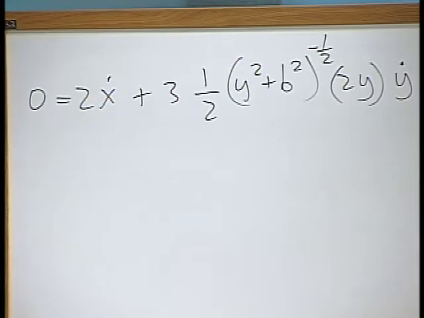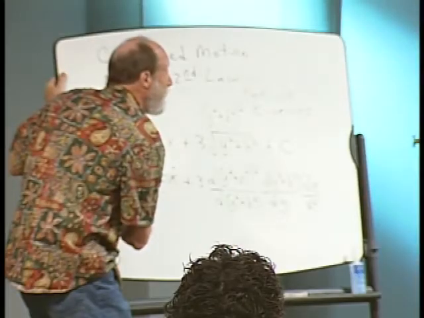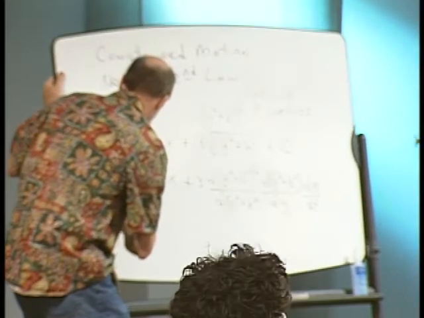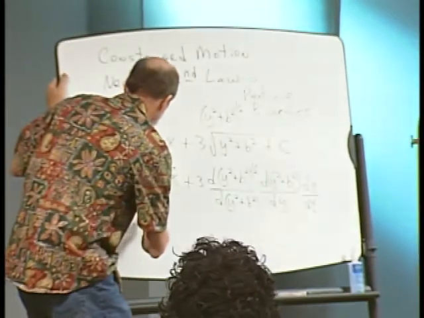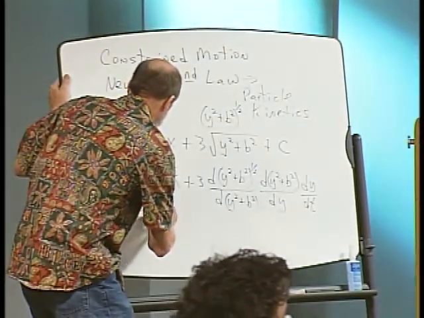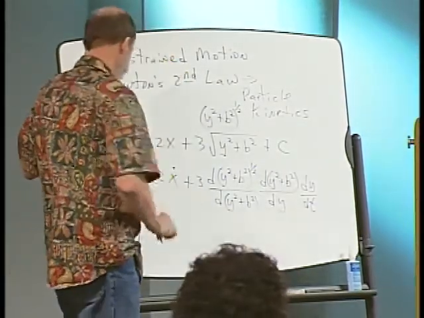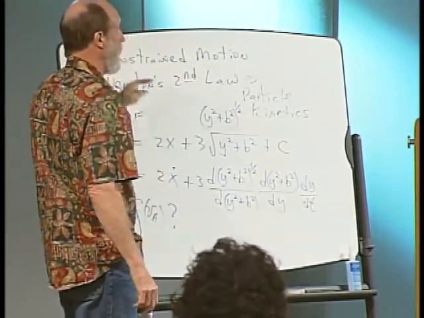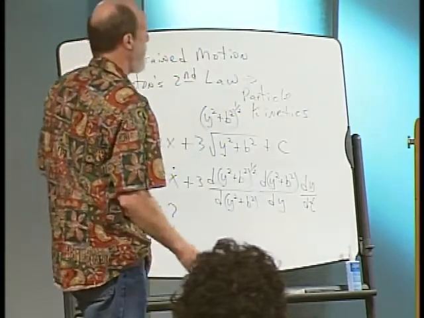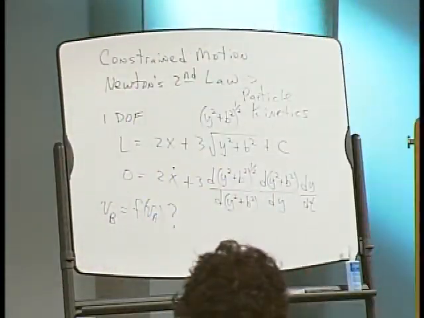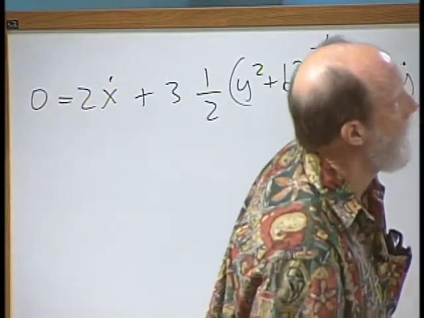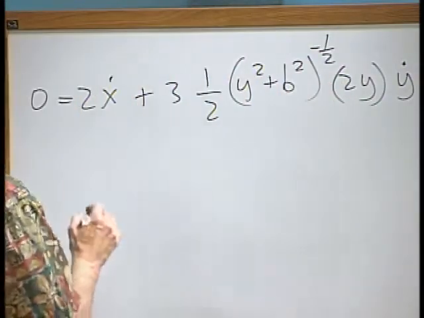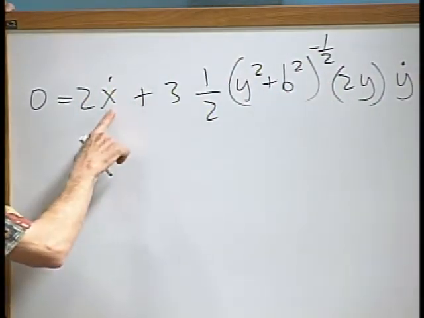We're looking for the relationship between the velocity of A and the velocity of B. We want the velocity of B as a function of the velocity of A. That's our question. So we want to solve this for the velocity of B, and body B is defined by motion x. So we want to find x dot here.